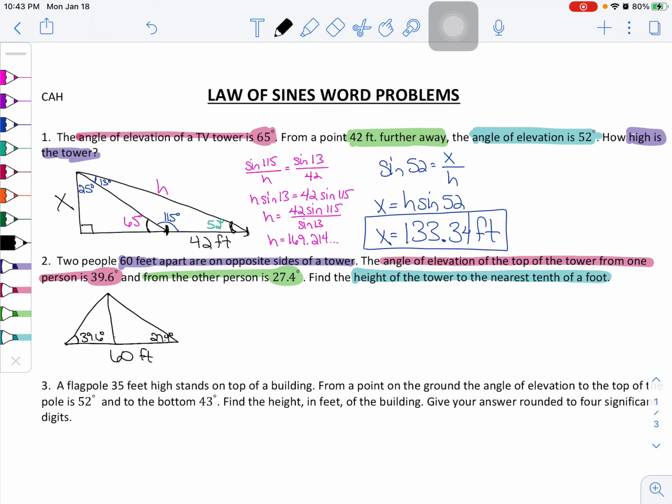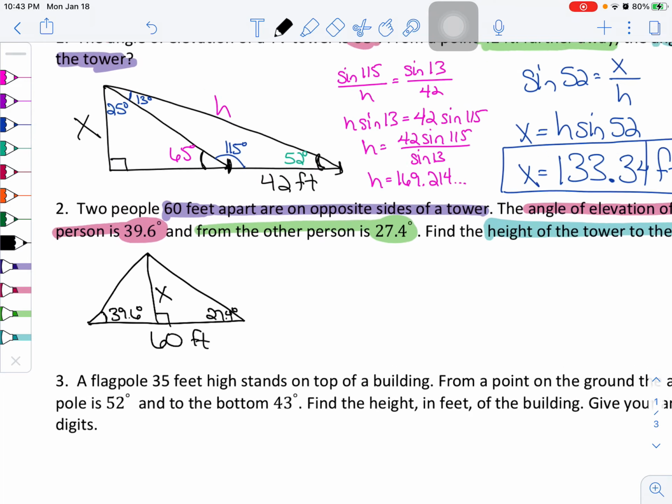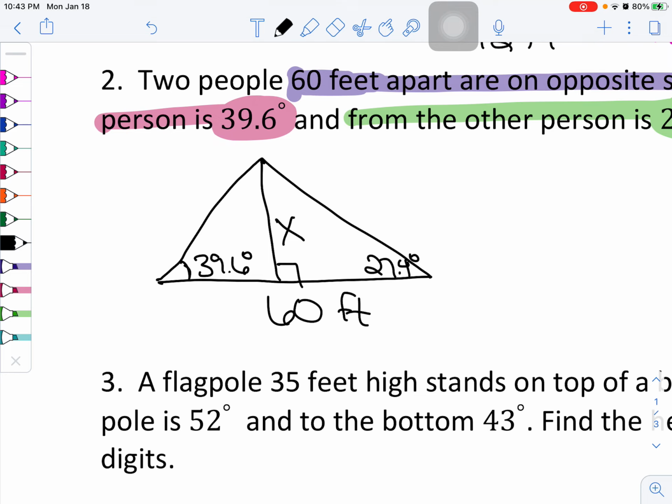The other person is 27.4 degrees. And we're going to assume the tower is perpendicular to the ground. Now, what we want to find is the height of that tower. So I'm going to zoom in on the picture. All right, so I've zoomed in my picture.